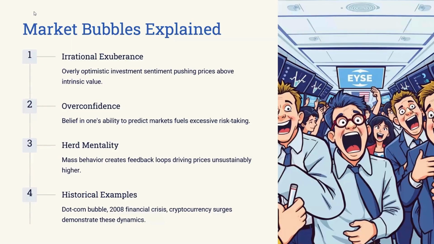Third is herd mentality: mass behavior creates feedback loops, driving price instability. And the third one is the historic examples, which I've taken: the dot-com bubble in the 90s, the 2008 financial crisis, and cryptocurrency surges demonstrate these dynamics in market bubbles.